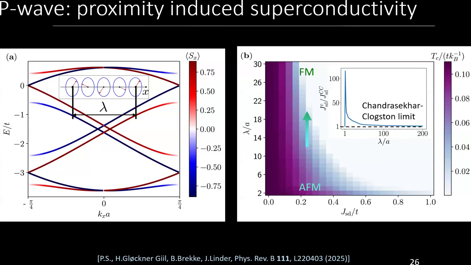How can one understand that? In an antiferromagnet, or in a p-wave magnet, we have a very rapid spin rotation. So on average, and by average I mean over the size of the pair, we see no net magnetization. Everything averages to zero.